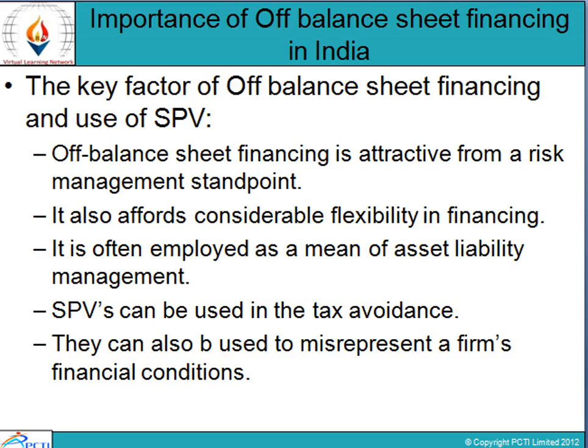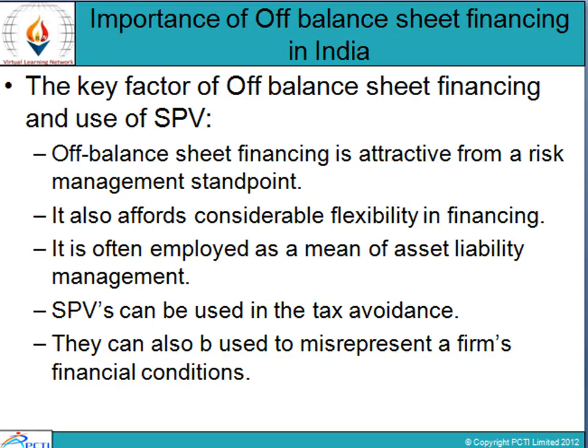The third is it is often employed as a means of asset liability management. Now when we talk about this, if assets and liabilities are never placed on the balance sheet, they do not have to be matched. So they need to be matched on the SPV's balance sheet. The fourth is SPVs can be used in cases of tax avoidance.